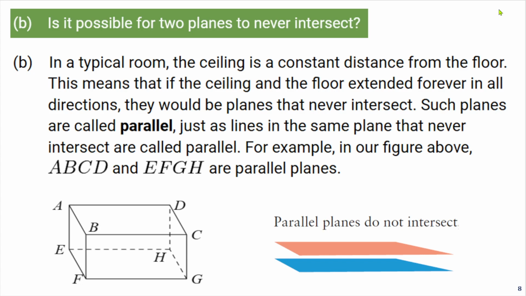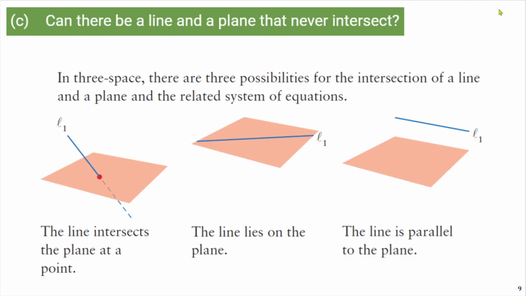Okay, next one. Can there be a line and a plane that never intersect? In 3-space, there are 3 possibilities for the intersection of a line and a plane and the related system of equations. Again, when we learn analytic geometry in the later sections, this is very easy to explain.